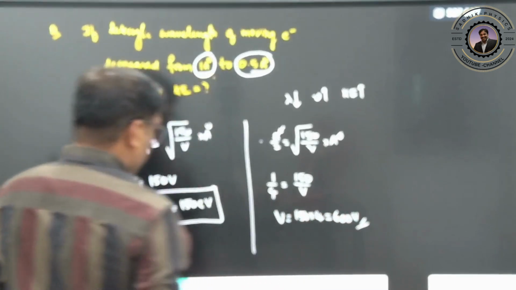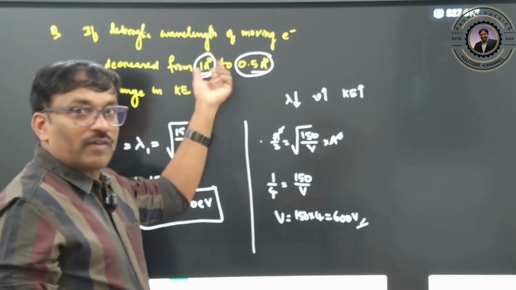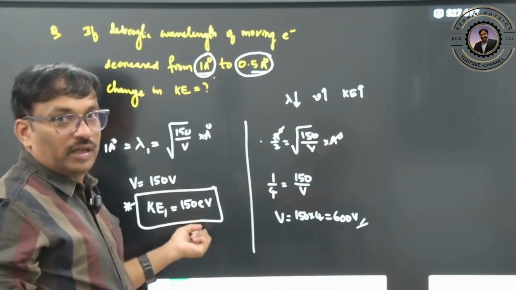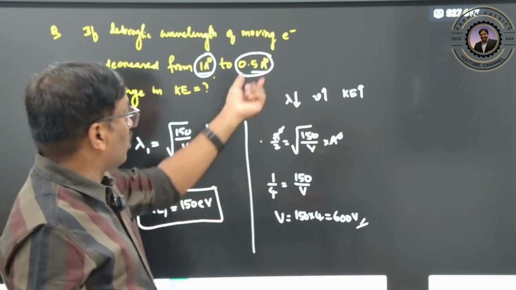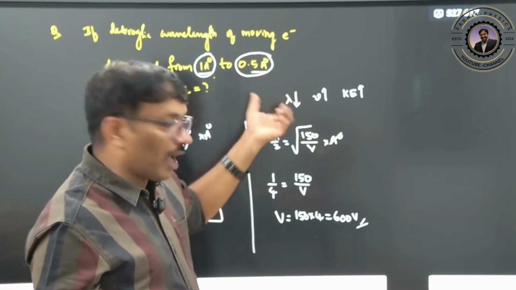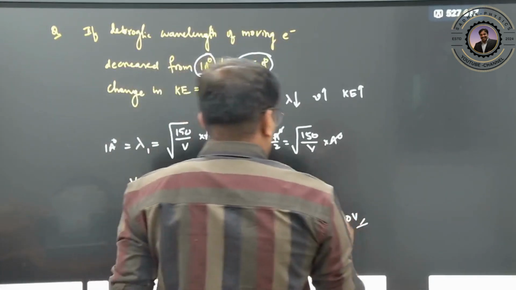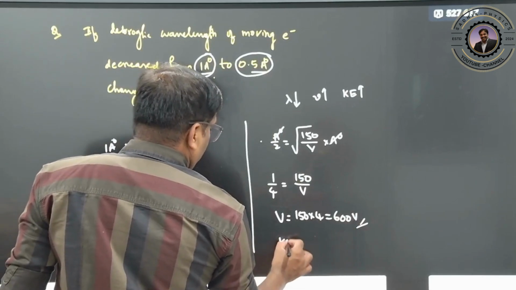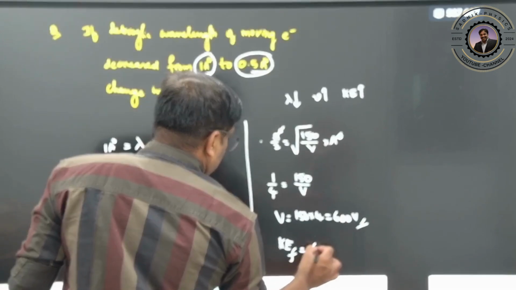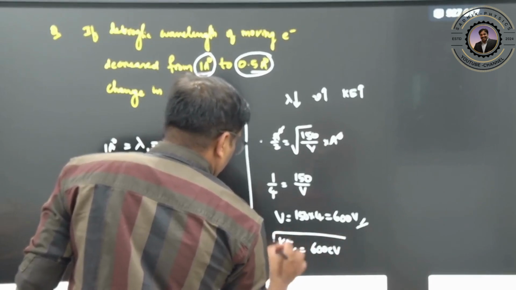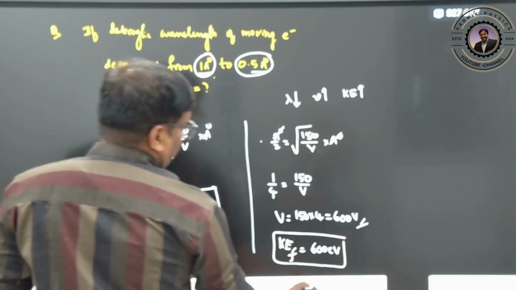See here, to have a de Broglie wavelength of 1 angstrom we require only 150 volts. To have a de Broglie wavelength of 0.5 angstrom, we require 600 volts. So the final kinetic energy of this electron is 600 electron volt.